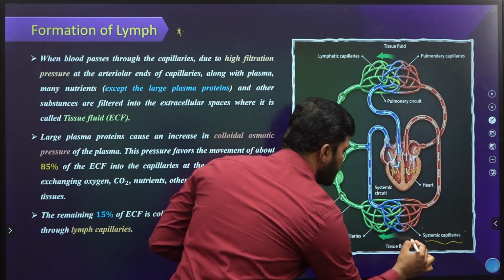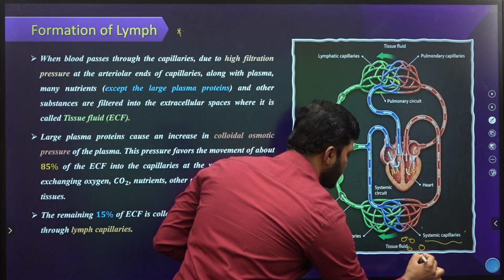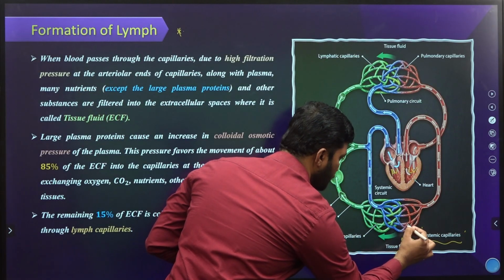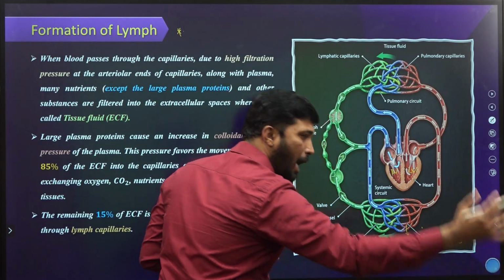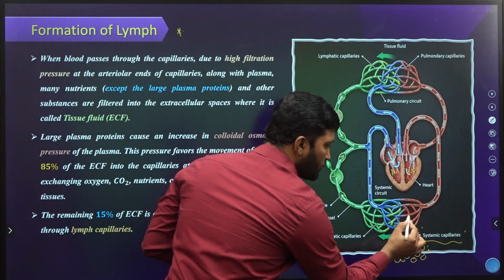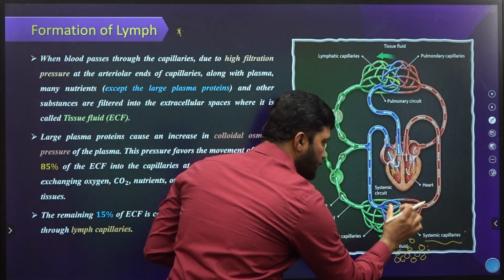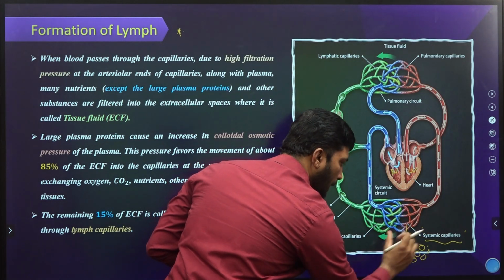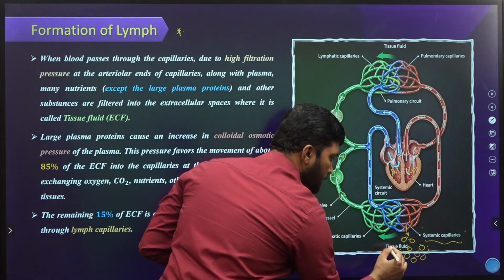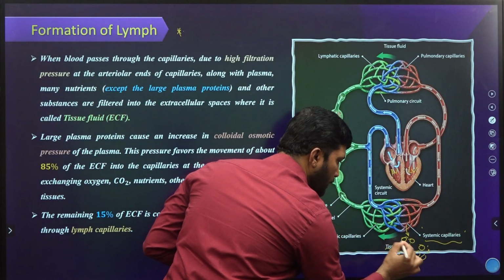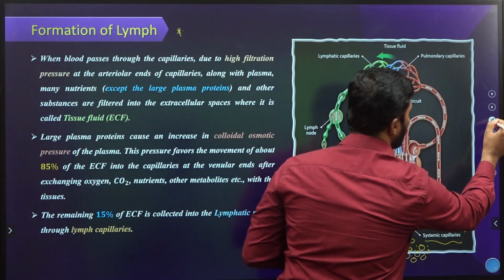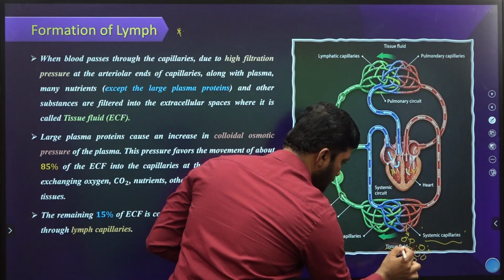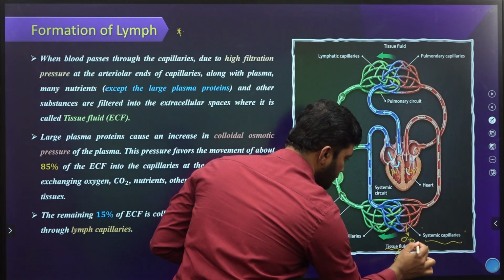So, for example, this is tissue, and here some fluid is expelled out, along with oxygen, nutrients and other essential substances, and enters the intercellular space. That is called tissue fluid. If you take the color, this is the red color, tissue fluid.